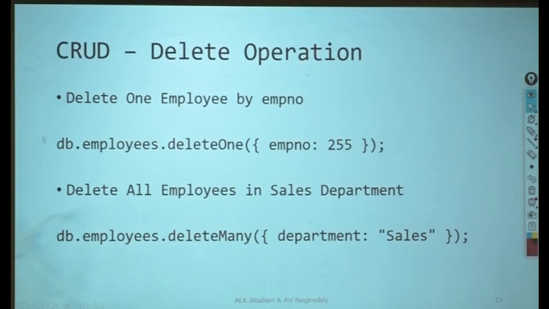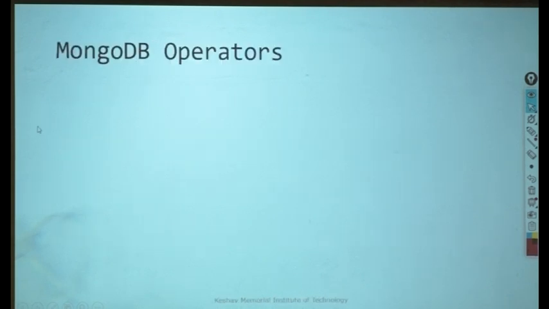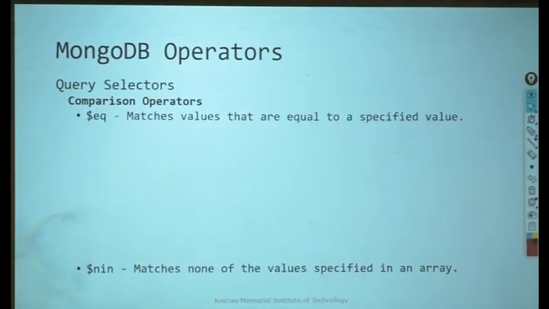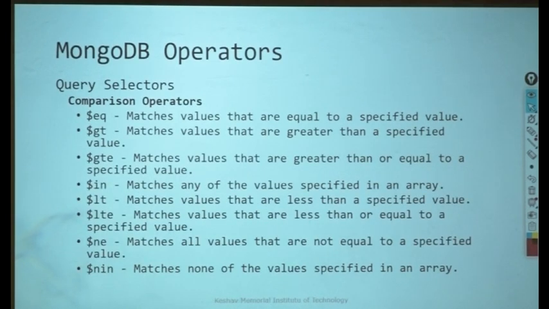All right. Now let's go beyond the CRUD operations. Operators. There are many operators, please. I'm trying to talk about the first comparison operators. EQ is something like equals. GT is something like greater than.